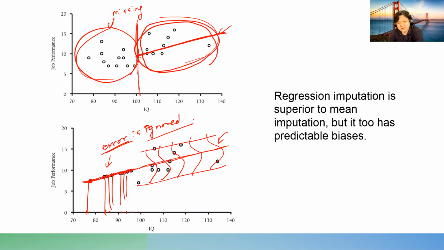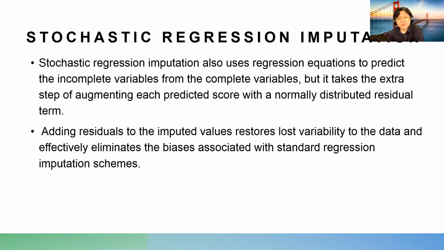So it will reduce the standard error, so it will affect the power, and then it produces a biased estimate. Another approach to deal with this problem is stochastic regression imputation.